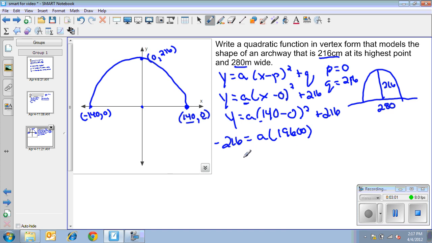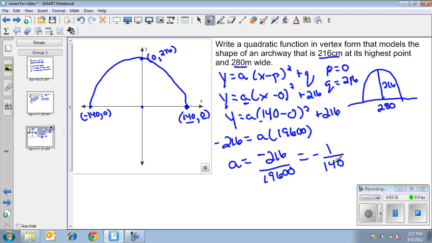Divide both sides, and 216 divided by 19,600 gives us a simplified value, so we get negative 216 over 19,600. If we reduce that to lowest terms, we get negative 1 over 140.